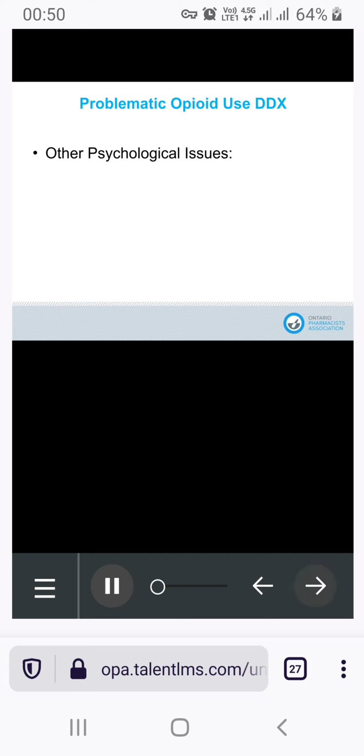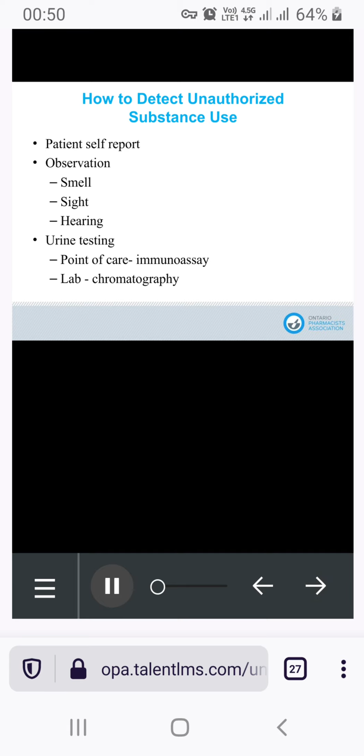How do we detect unauthorized substance use? Patient self-report: the patient can report it and we understand that this person used the substance.